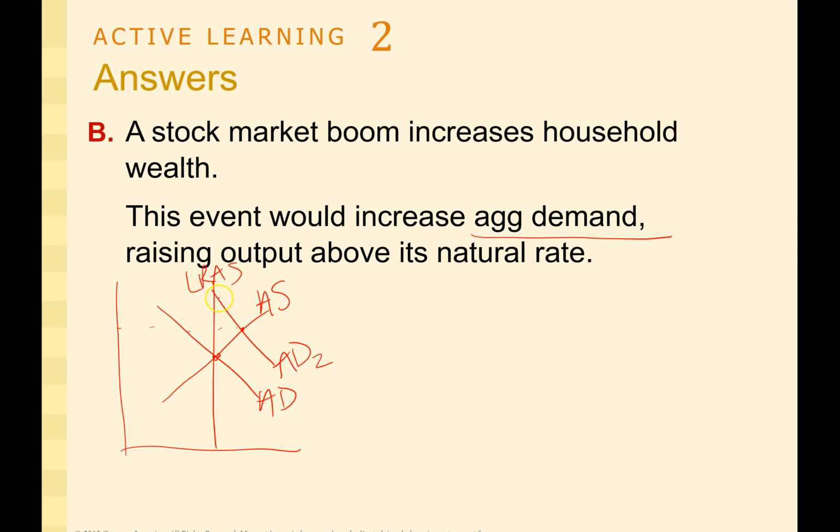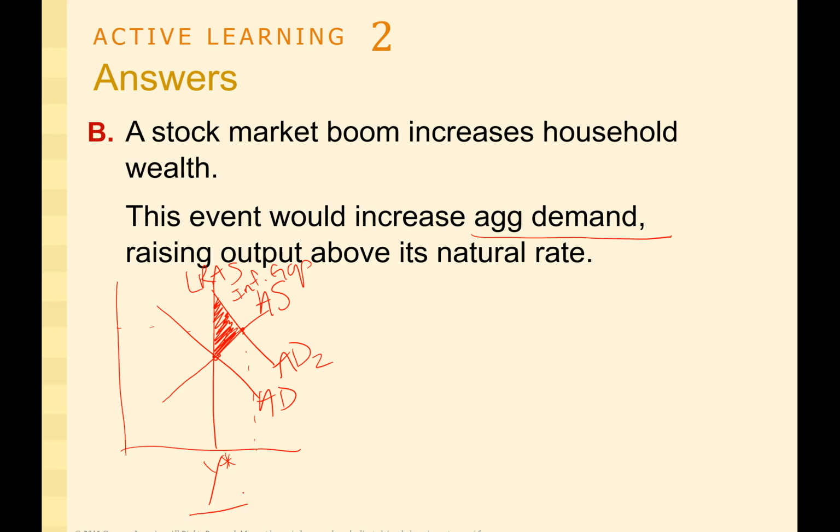The biggest thing it's going to do is create a condition here, and the name for this is an inflationary gap. It's called that because it pushes prices up and we are producing beyond our capacity. It puts inflationary pressure on the economy because here we are, where output is above its natural rate.